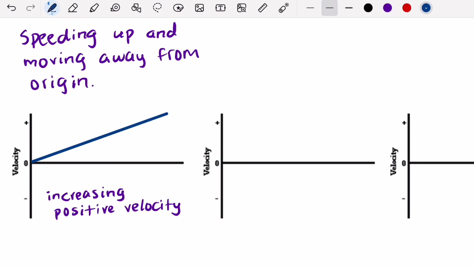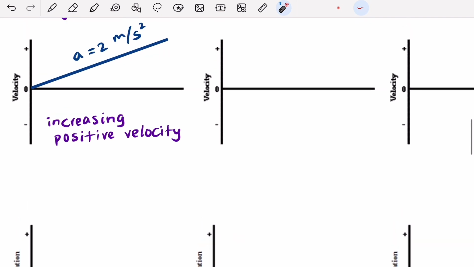Let's say the slope of this line is 2. Well, the slope represents the rate of change, and that rate of change is acceleration. So the slope of this line of a velocity time graph represents the acceleration. Let me say that one more time. The slope of a velocity time graph represents the acceleration.